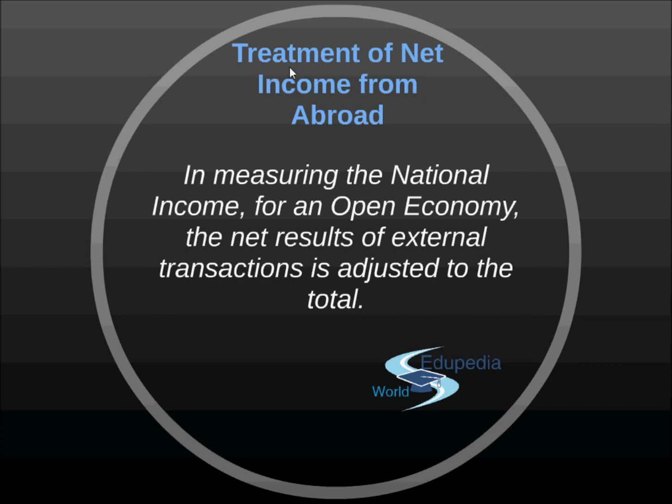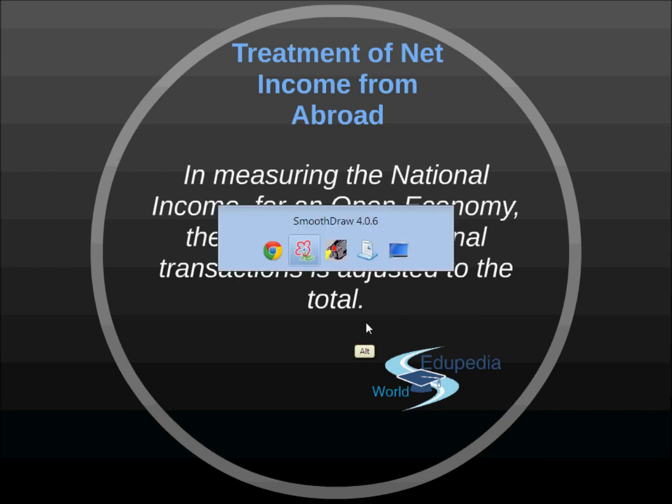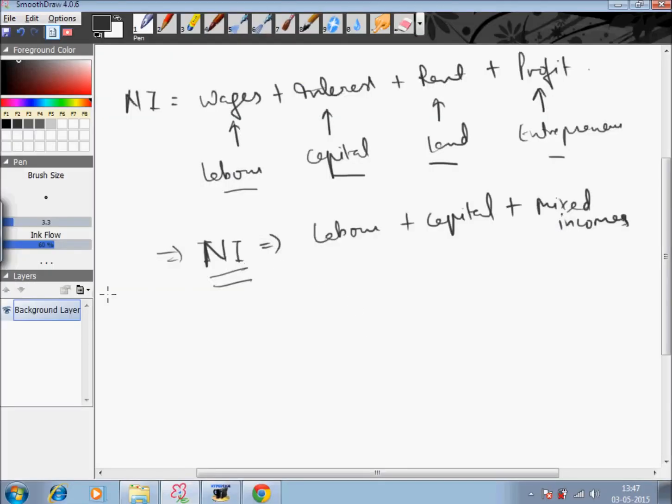So now we'll see how the treatment of net income from abroad is done. In measuring the national income for an open economy, the net result of external transactions is adjusted to the total. We have discussed this earlier also, how we adjust the net results.